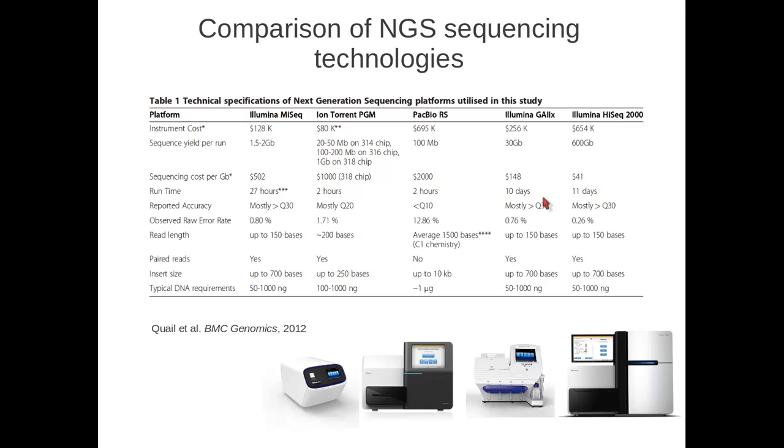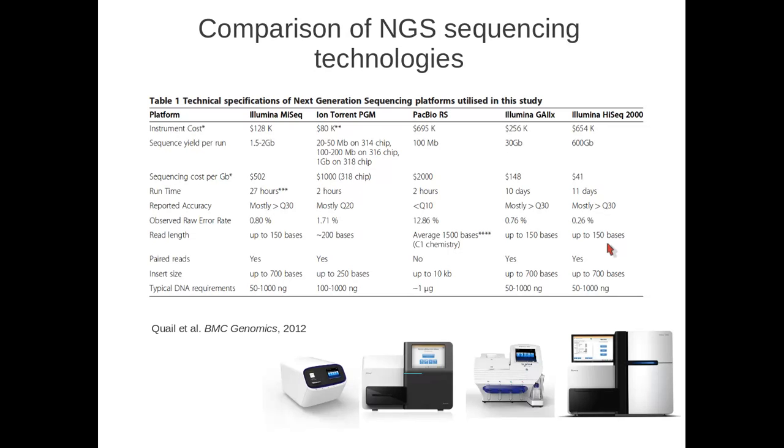Runtime here, you can see there are some distinct differences. 10 to 11 days is very typical for an Illumina run. Here you can see the PacBio is quite a lot quicker. Just a quick look at the read lengths. Here you can see this single molecule technology of 1,500 bases, whereas the HiSeq, they're claiming 150.